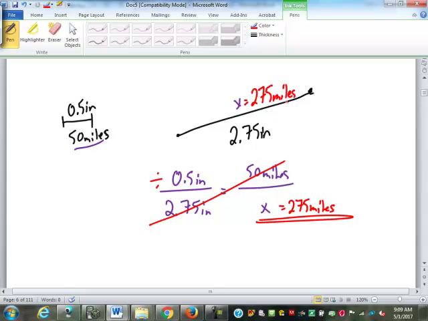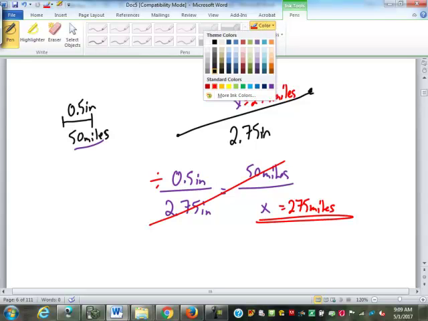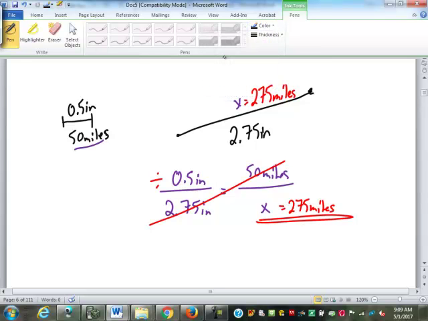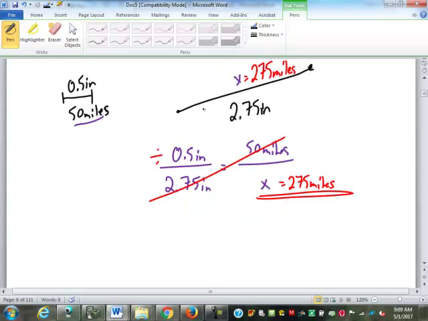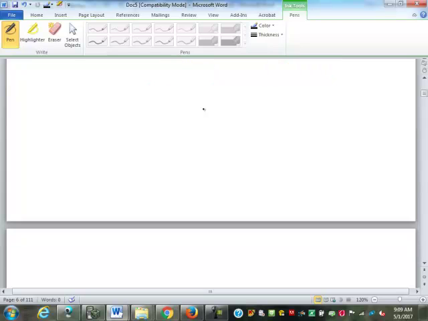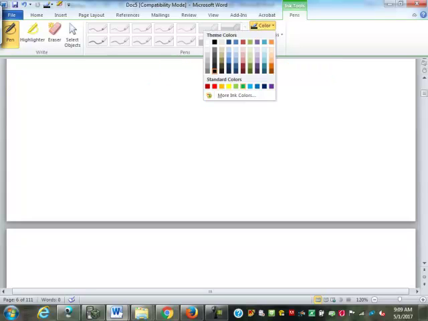So those 2 points on the map are actually 275 miles apart in real life.